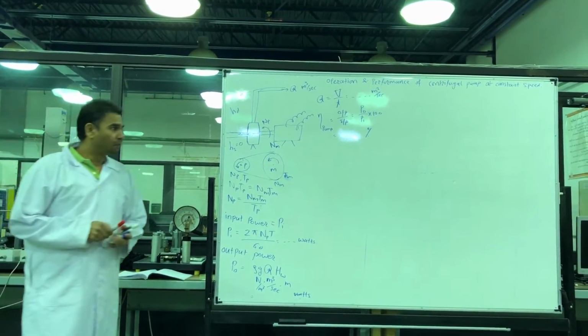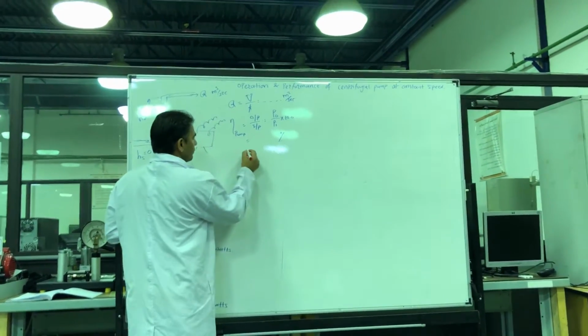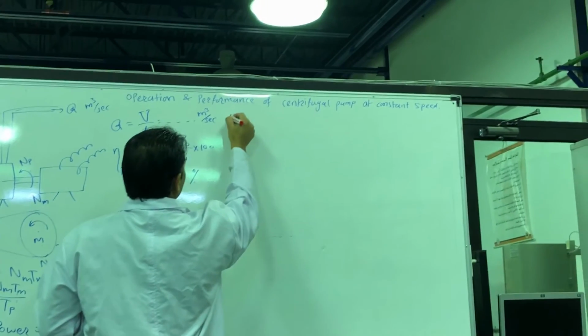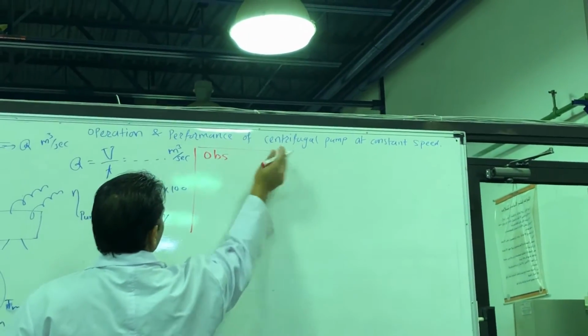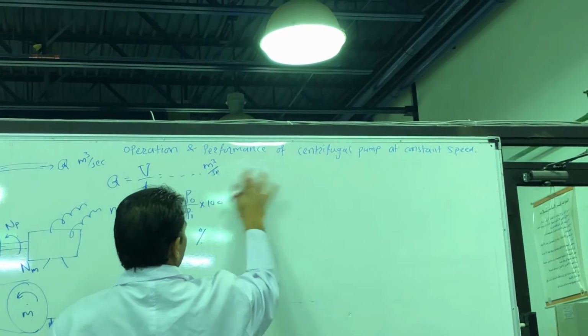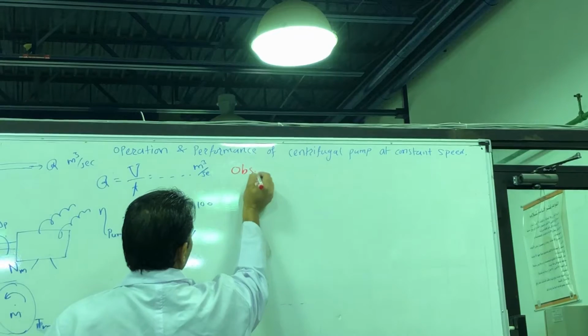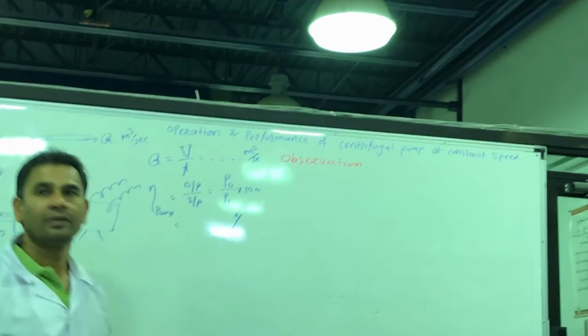Now, the observation table. How can I write the observation table? What do I need to observe first?